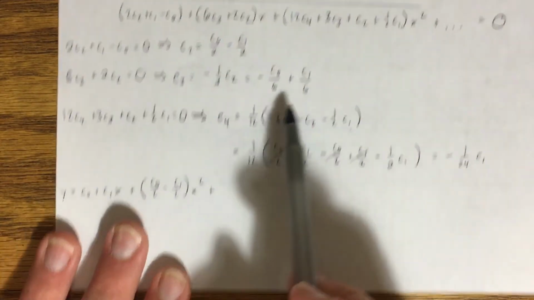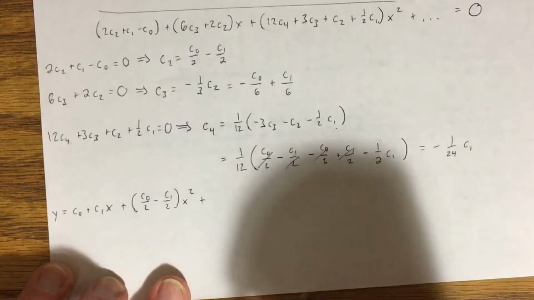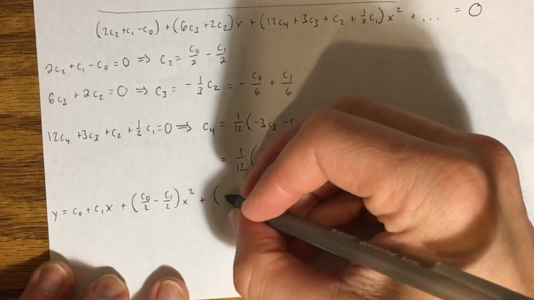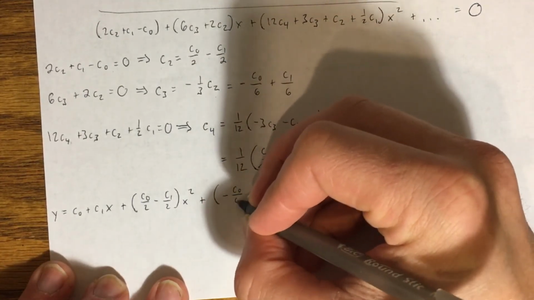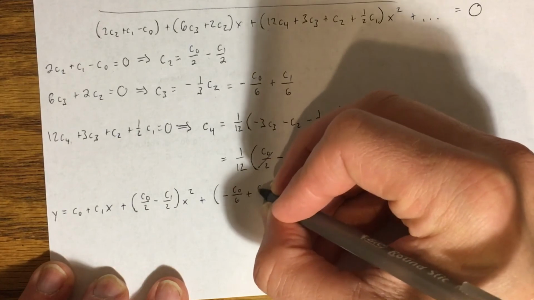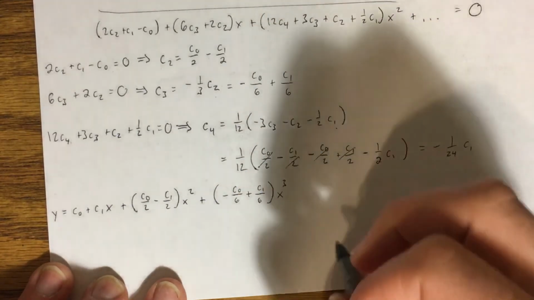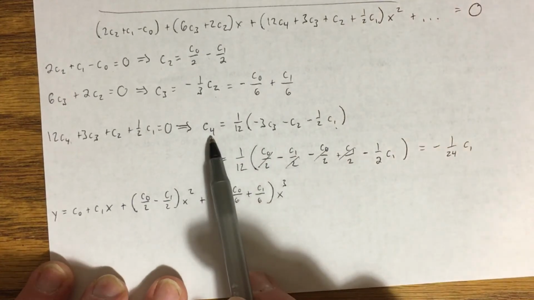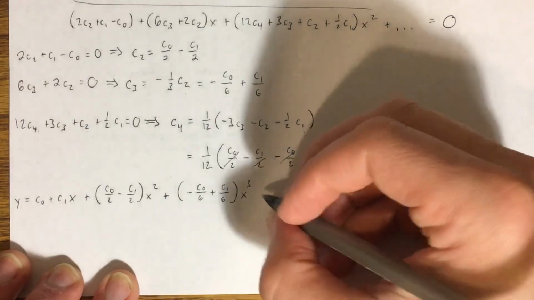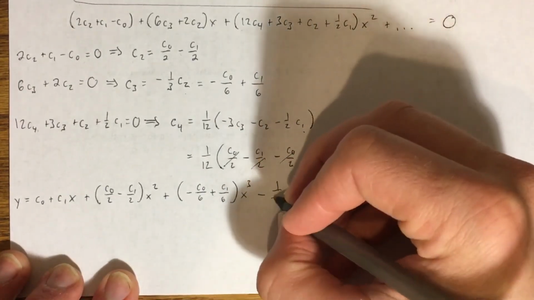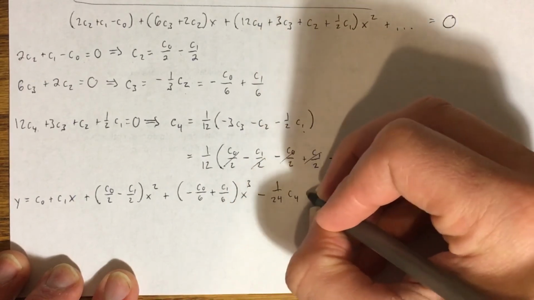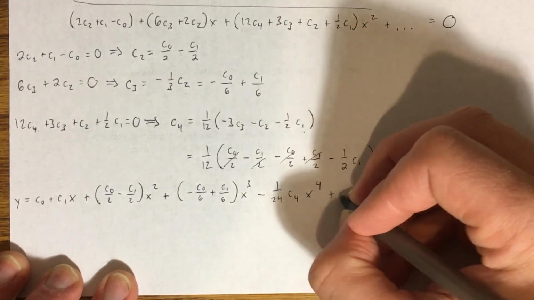But where is C3? This is C3. So plus negative C0 over 6 plus C1 over 6 x cubed. And then plus C4. But what was C4? It was this.